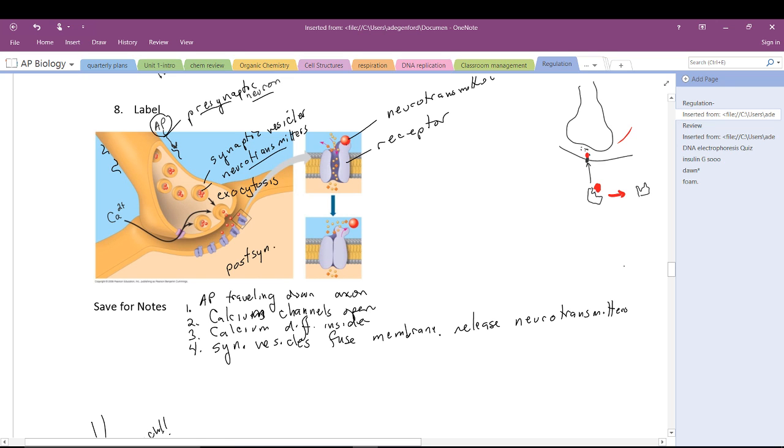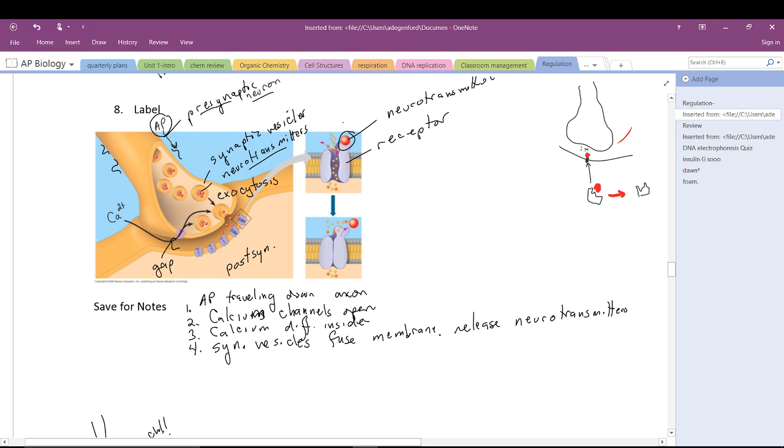And neurotransmitters are going to diffuse across this gap, the synaptic gap. Some books will call it a cleft. So here we have the synaptic gap or synaptic cleft. So they'll diffuse across, and then they will connect to a receptor.